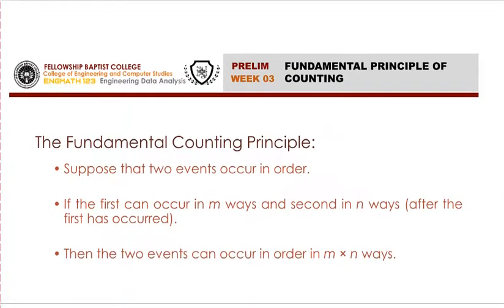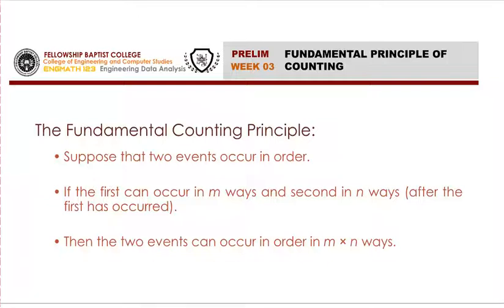Okay, so the method that we used to solve this problem leads to a specific principle, and this principle is what we are referring to as our fundamental counting principle. So what does our fundamental counting principle state? Suppose that we have two events that occur in order.